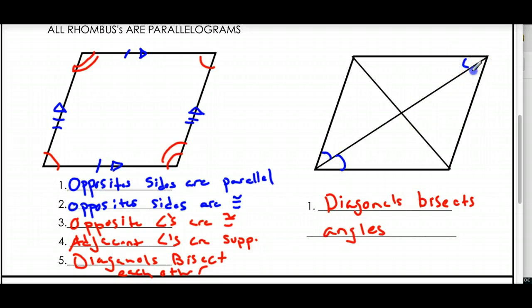And this will be the same 2 congruent pieces because the angle is congruent. So these are both congruent. And this diagonal over here cuts this angle into 2 congruent pieces. So these are all congruent. So the diagonals bisect the angles, which is different than bisecting each other. It bisects the angle, but they also bisect each other.